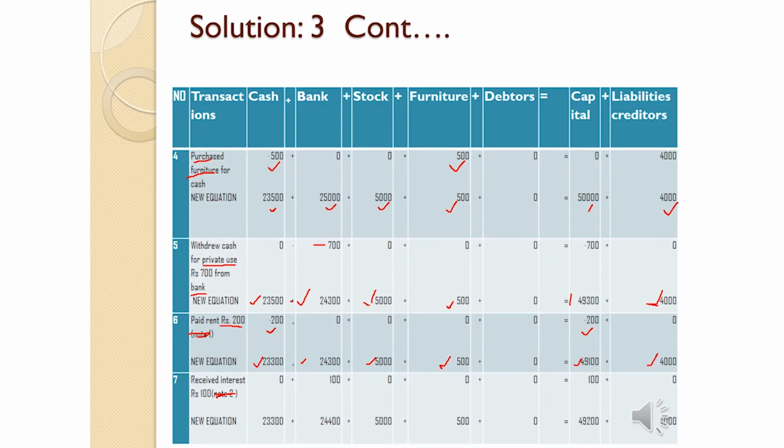So automatically the amount of capital will be increased and cash is also increased. So bank balance 24,300 plus 100, 24,400. Here 23,300. Then stock value 5,000, here 500, here 49,200, here 4,000.